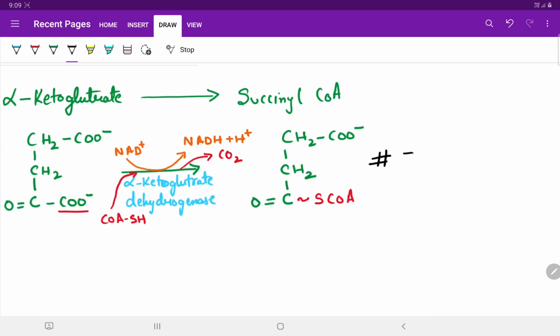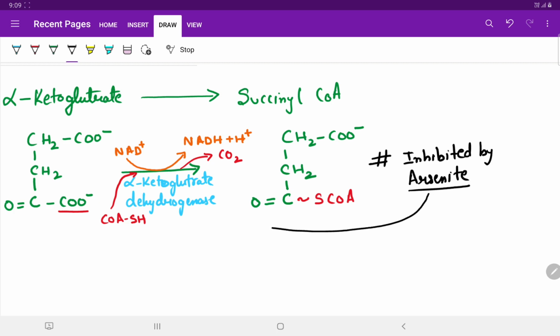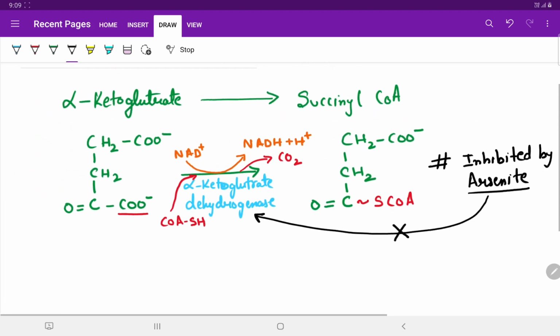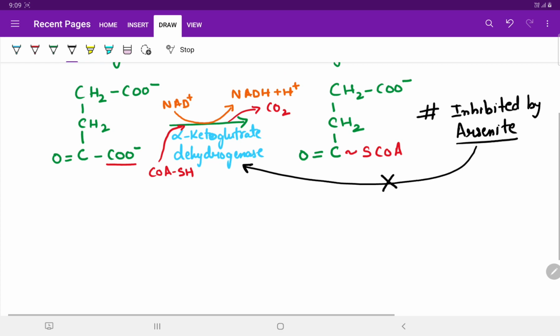So this reaction can be inhibited by presence of arsenite. So arsenite acts as a non-competitive inhibitor for alpha ketoglutarate dehydrogenase.